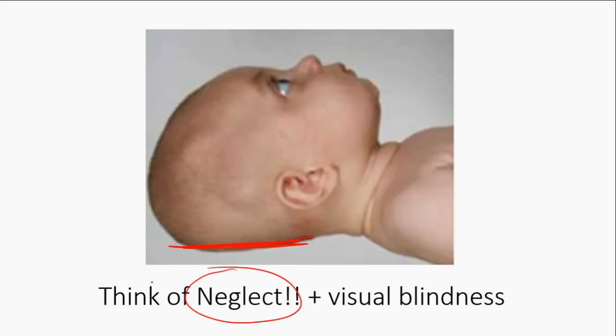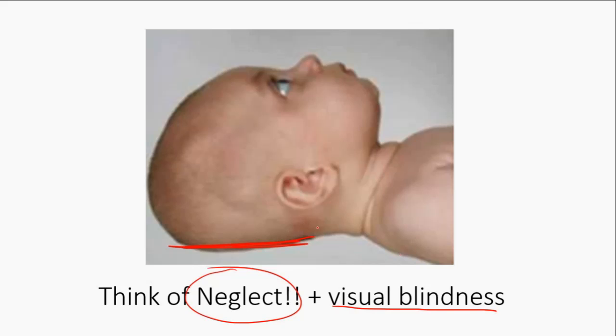So if you ever see a child that has a flat occiput, then the immediate thing that you should think of is that these parents are not taking care of this child very well, because in other words, they've left this child for a long time in one place and they haven't tended to it. And normally this condition is associated with visual blindness. And maybe you could guess the reason.